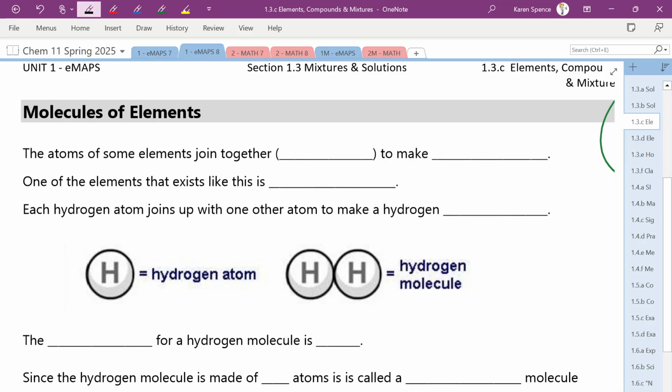Sometimes atoms join together. What do we call it when they join together in chemistry? When atoms join together, we say that they bond. And when they bond together, they can make molecules.